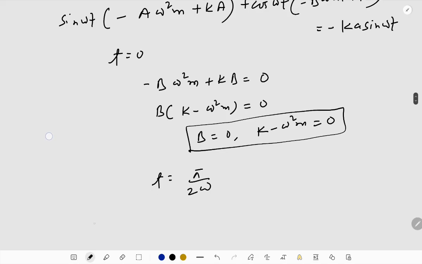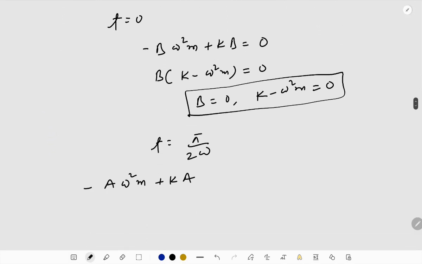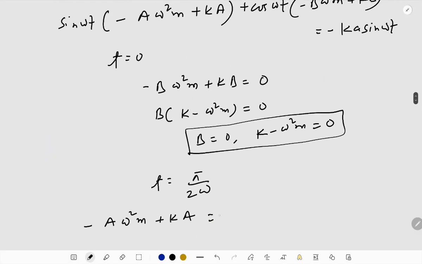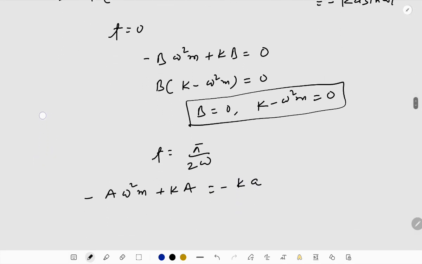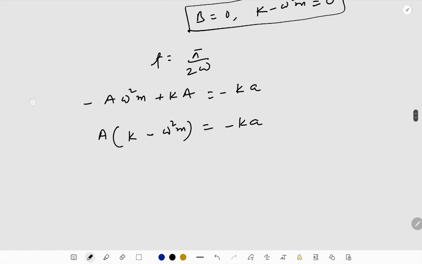That means we get something like here minus a omega square m plus ka, and this value is 0, equal to minus ka. And we take k common and we will get a times k minus omega square m equal to minus ka.